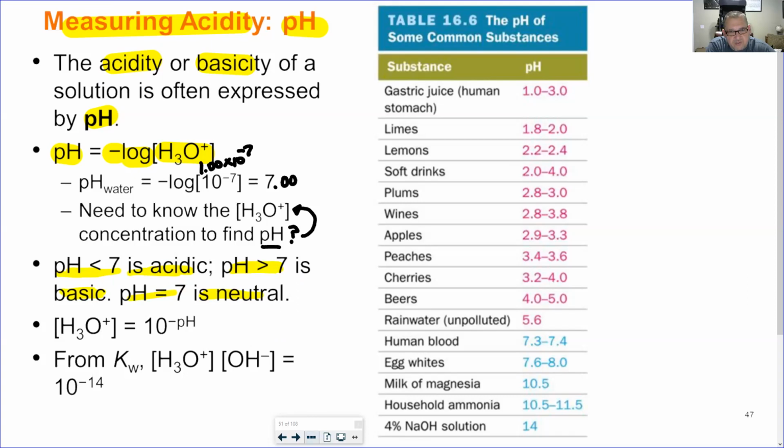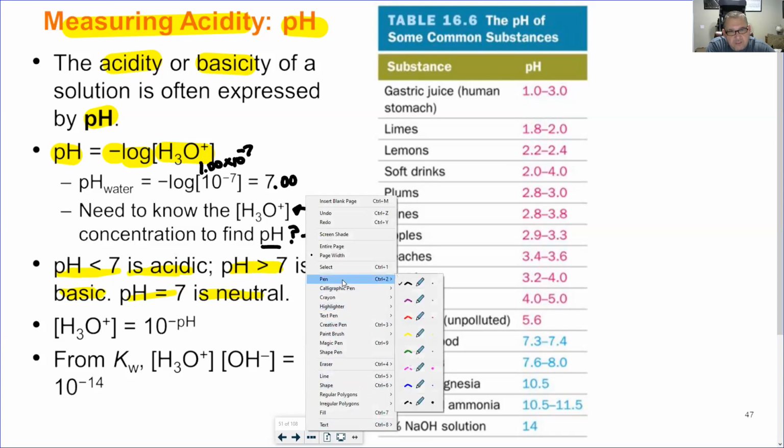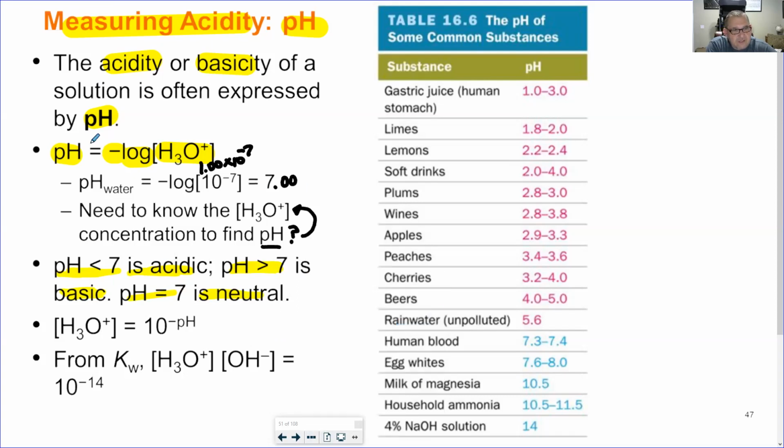Now, we just looked at the formula to calculate pH. So we said that pH is equal to the negative log base 10 of the hydronium ion. So either the H plus or, in this case, we're using the H3O plus, the hydronium ion. It's the negative log of either of those.